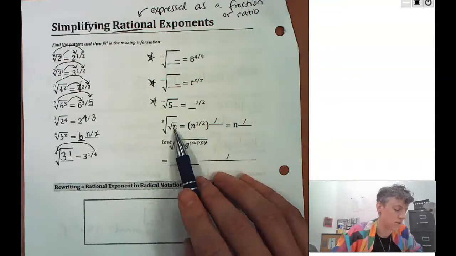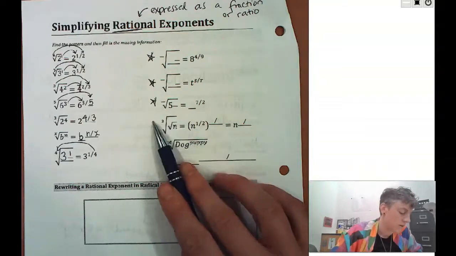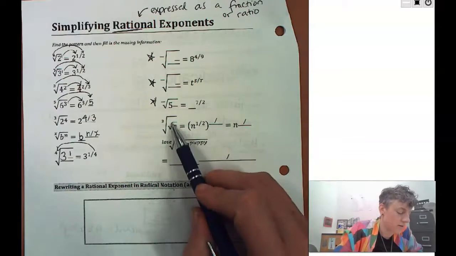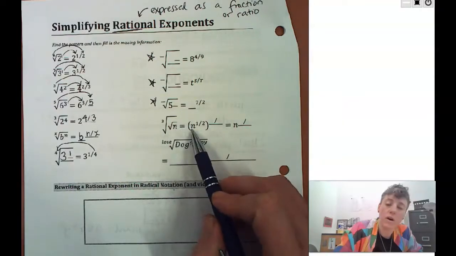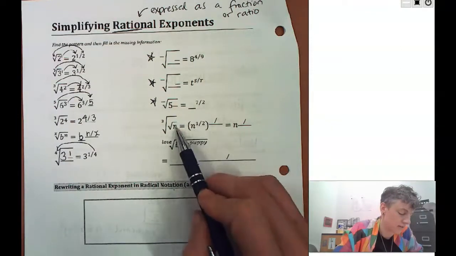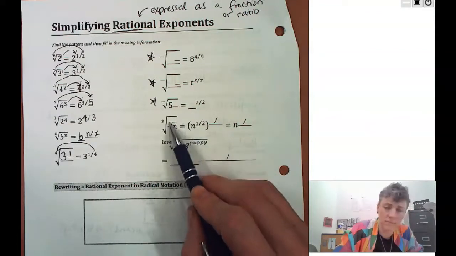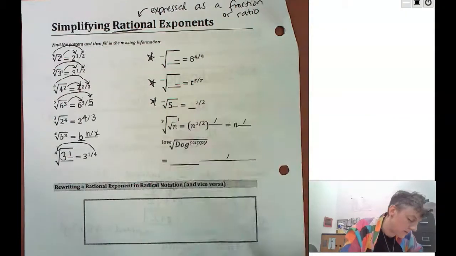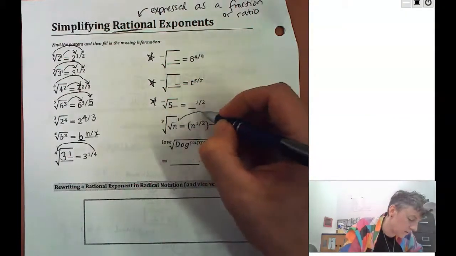So this is going to equal, we're going to go from the inside to the outside. The square root of n, we know, is n to the 1/2. So that's our base, right? What's the exponent on this inside thing? Well, nothing's written, so I assume it's a 1, which means that number is going to go here.